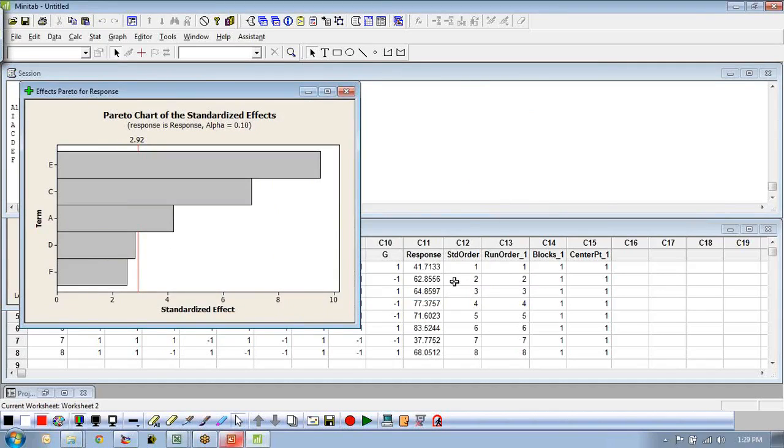Okay, when we do that, now we can actually get p-values, and it looks like A, C, and E are significant, right? Any follow-up experiments certainly would have to have A, C, and E. Remember, we're being a little bit aggressive, so I don't mind cutting out D and F on this one. So that might be the way that we would proceed.